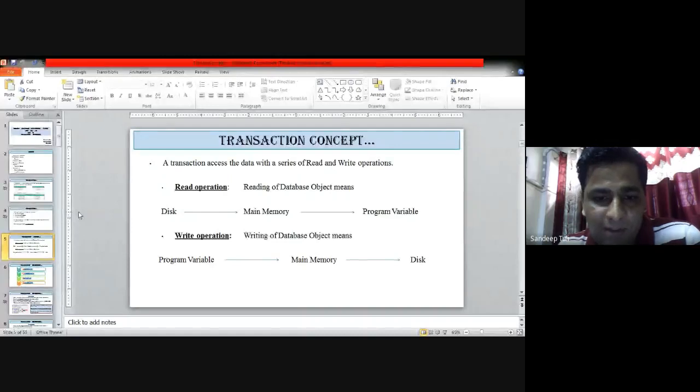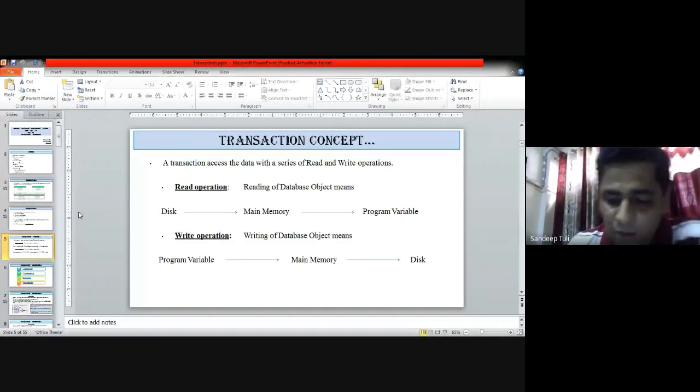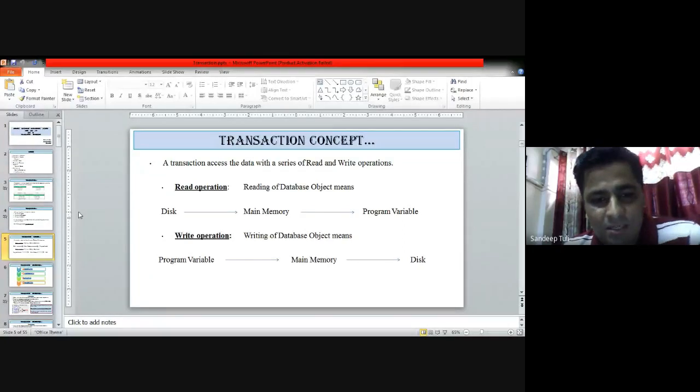And finally, writing means writing the updated values of the program variables, which have been updated through some SQL statements, back to the disk through the main memory. So read and write operations will be part of every transaction. You will see this in the coming examples also. So these two basic statements will be there for each of the transactions.